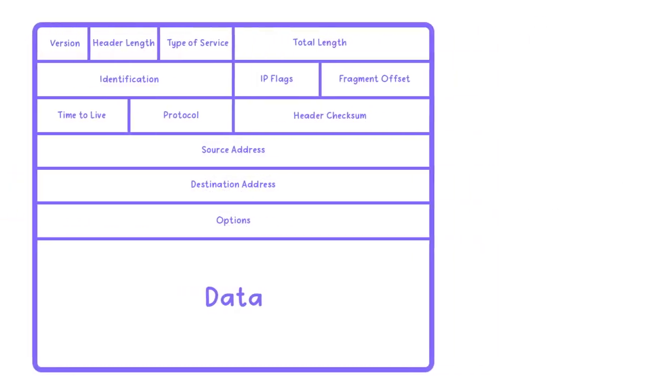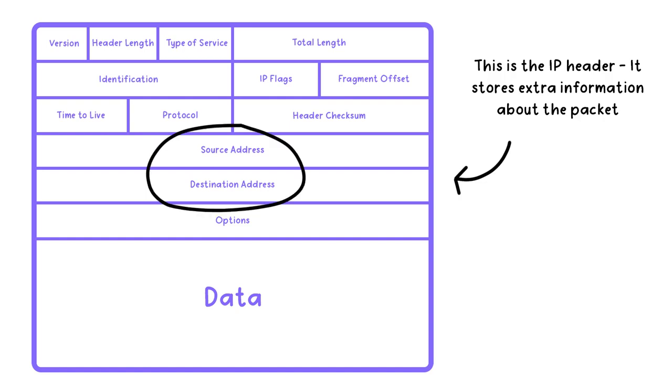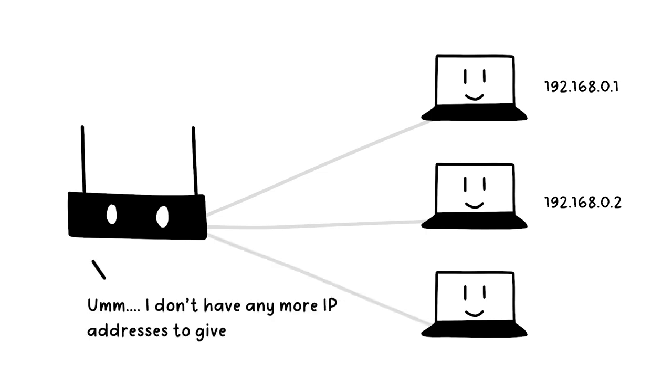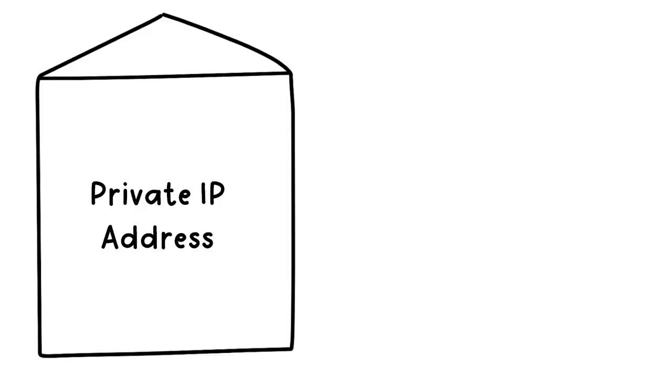Any data packet meant to travel through the internet contains an Internet Protocol header that includes the source and destination IP addresses. One of the problems with having so many devices on the internet is that there now aren't sufficient IP addresses to assign to every single device. For this reason, IP addresses are split up into two categories: private and public IP addresses.